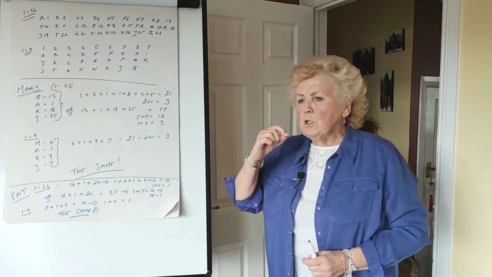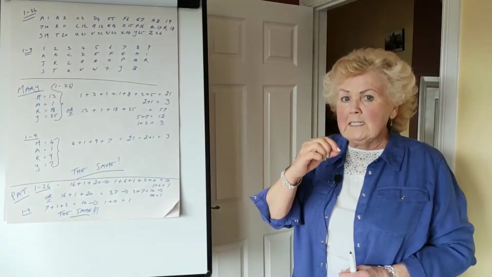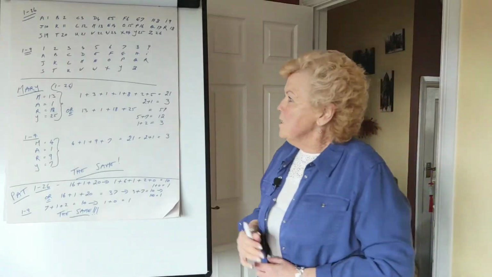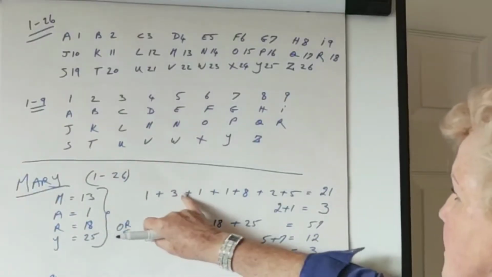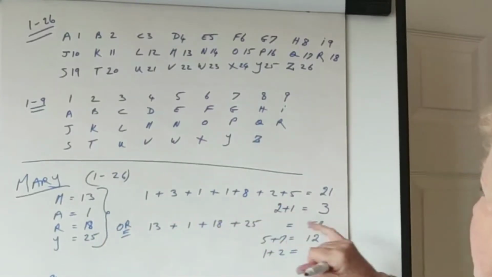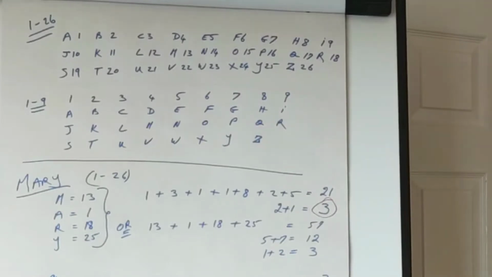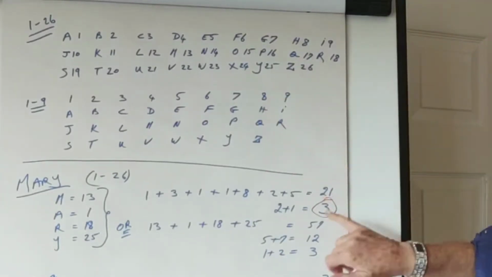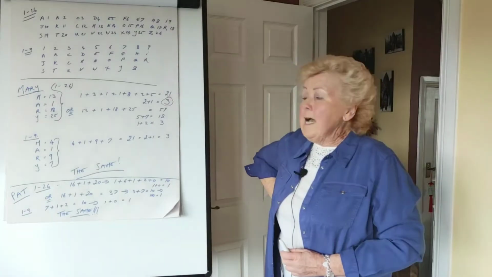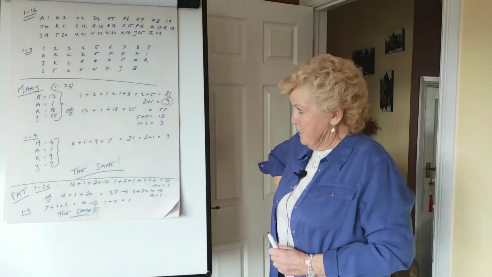And every time someone calls the name Mary, they send out a vibration on this single digit number vibration. So we've got 1 plus 3 plus 1 plus 1 plus 8 plus 2 plus 5 equals 21. And 2 plus 1 equals 3. So according to the 1 to 26, Mary goes out as a name and as a sound on the vibration of 3, the number 3.